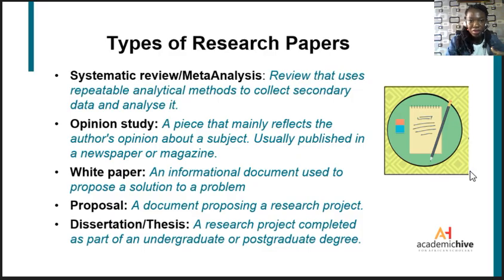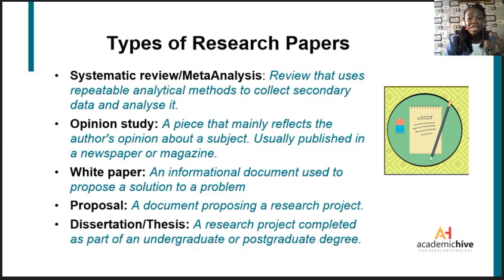Another kind of research paper is what is called the white paper. The white paper is an informational document that is used to propose a solution to a problem. Typically, the purpose of a white paper is to advocate that a certain position is the best way to go, or that a certain solution is best for a particular problem.